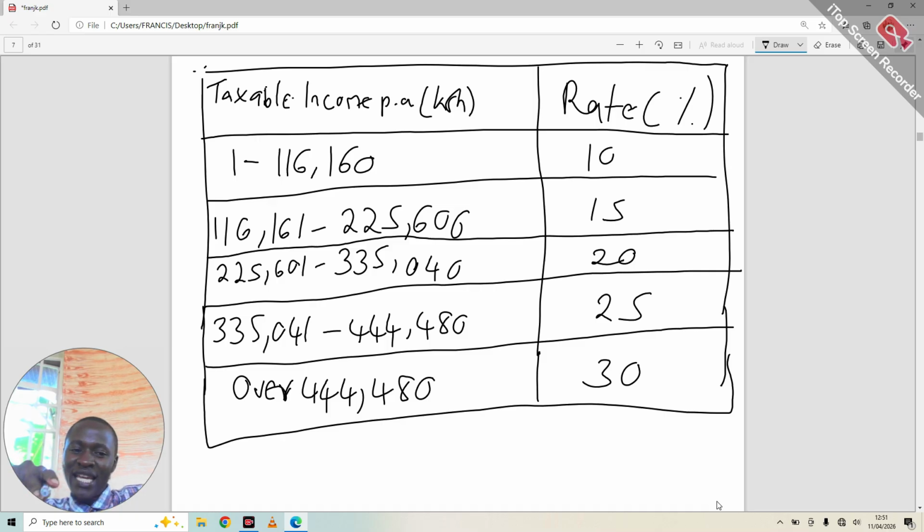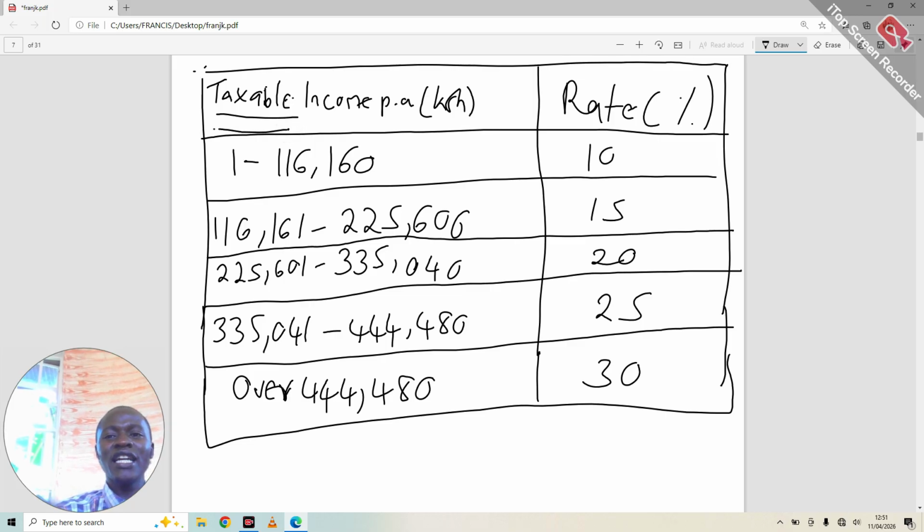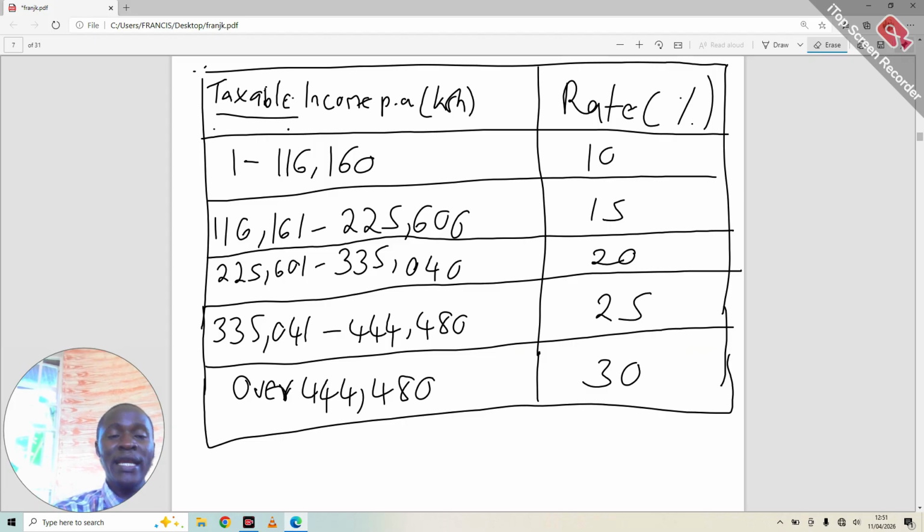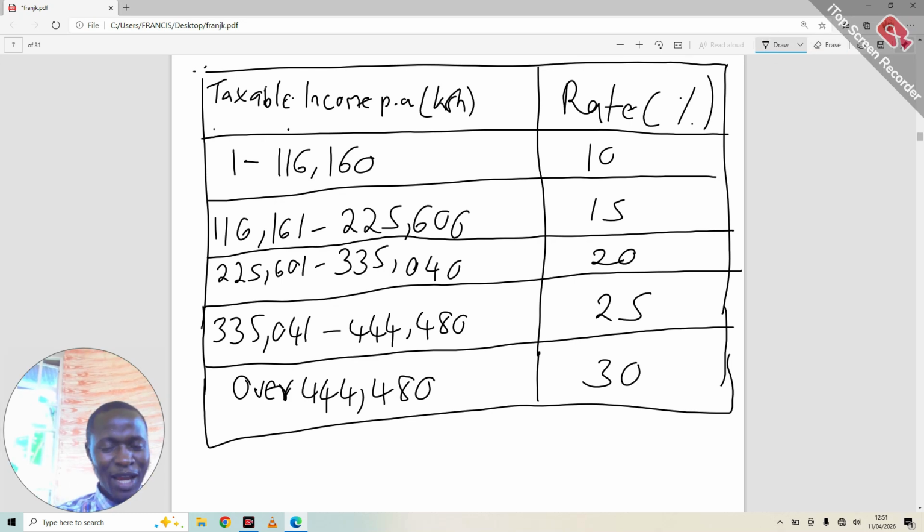If there are two different things, then you must be very keen. So what am I saying? You should look in the table. You see this part? Written taxable income per annum, Kenyan shillings. That is what you should look at in the table, not the wordings. Look at the table.